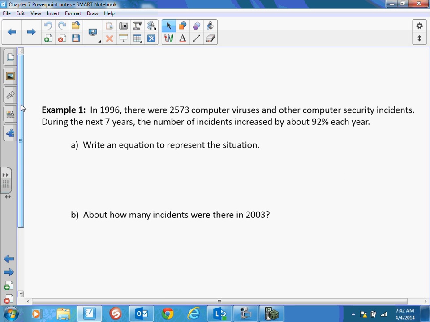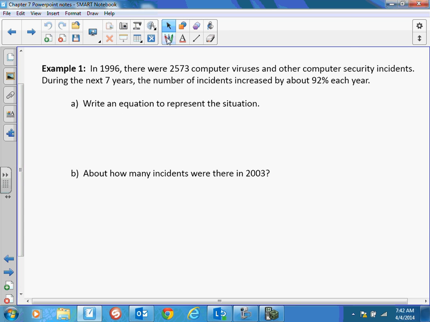So the first one says in 1996 there were 2,573 computer viruses and other computer security incidents. During the next 7 years, the number of incidents increased by 0.92% each year. Since it said increase, we know we're going to use the growth factor, which is the plus one.